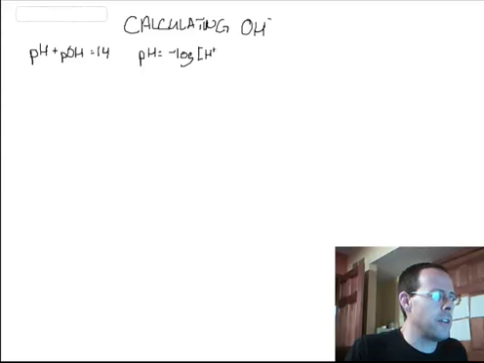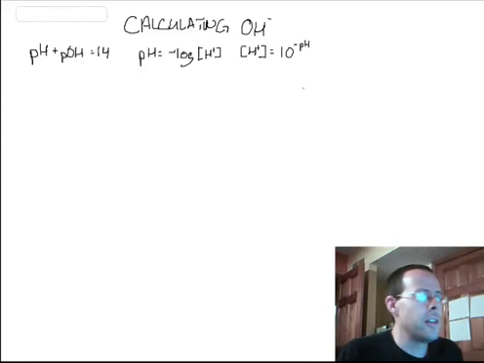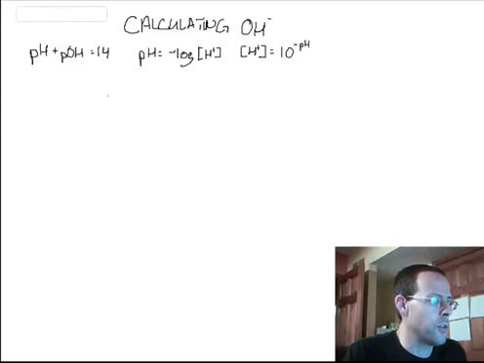Alright, and brackets mean concentration, so that's hydrogen concentration. And then the other one was, if we want to solve for hydrogen concentration, it means we know the pH already, so hydrogen concentration equals 10 raised to the negative pH. Okay? So algebraically, if this is true, and our first one is true, this is also true.